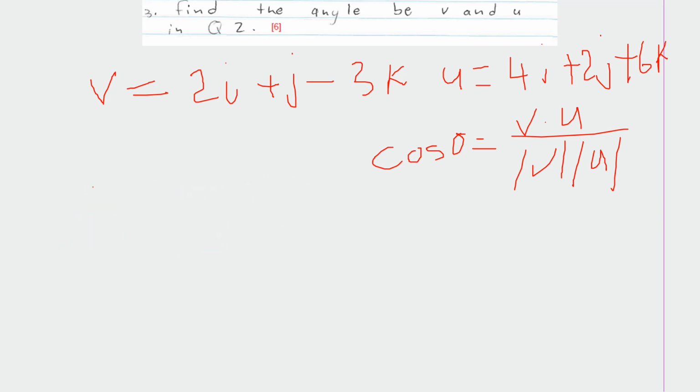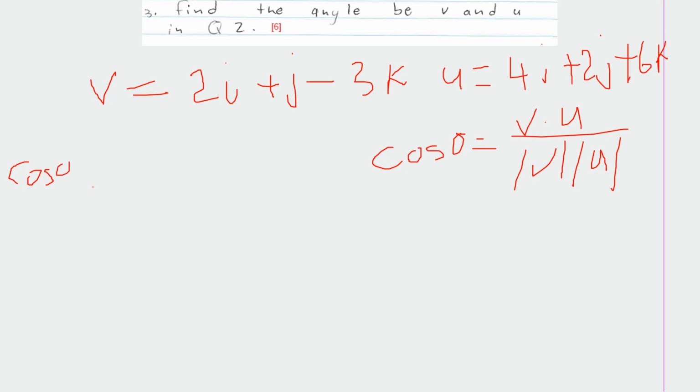So this problem would be straightforward if it were a continuation problem, but now we have to find the value of the scalar product of v and u because we don't have it. So for us to find it, we use a scalar product.